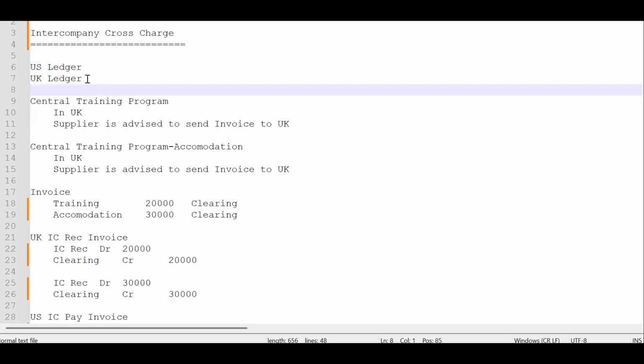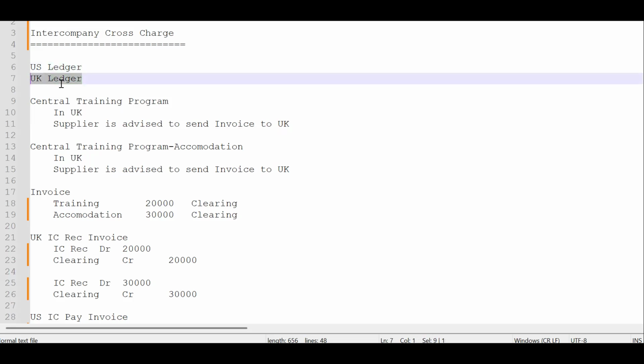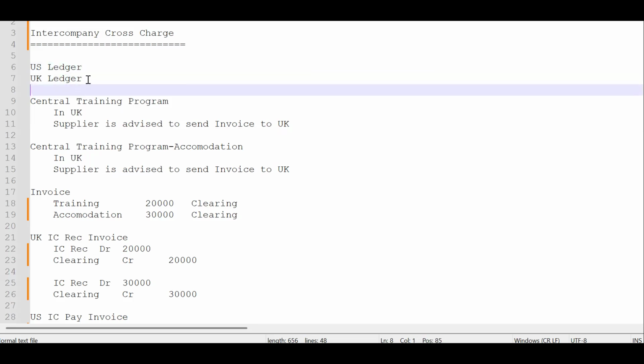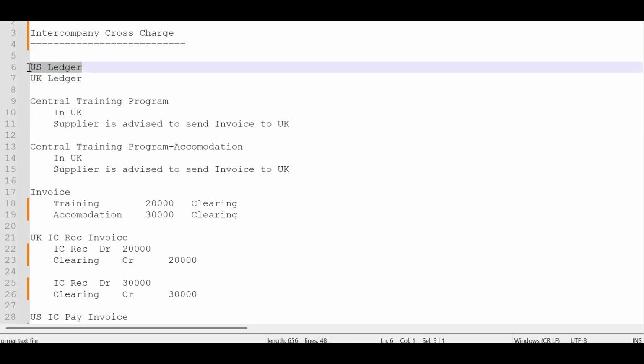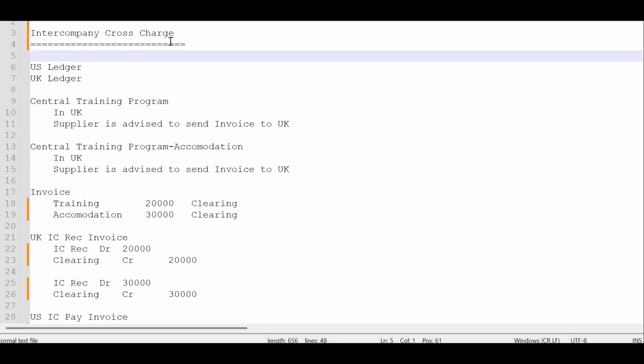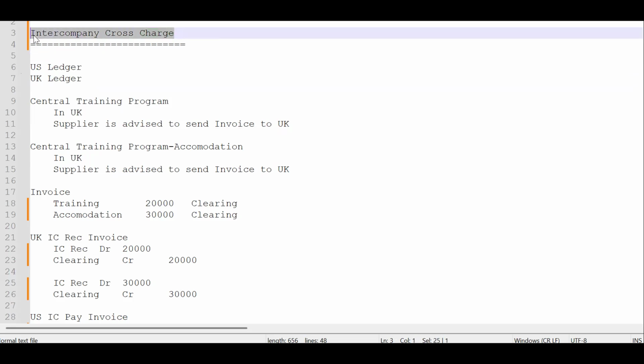And after recording the invoice, the UK ledger is going to do a cross charge to the US ledger. That is why probably the feature name is intercompany cross charge. Again, I don't want to go more into the naming convention, but this kind of scenario can be mapped by this feature.